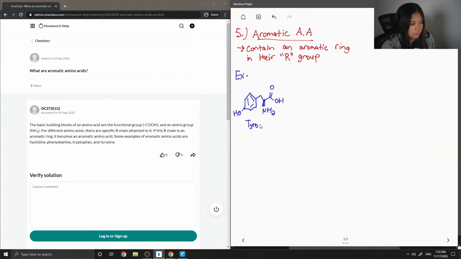So this is the structure for tyrosine. You can see that it has an aromatic ring with an alcohol group. This one is tryptophan.